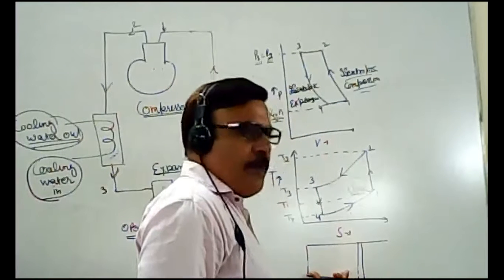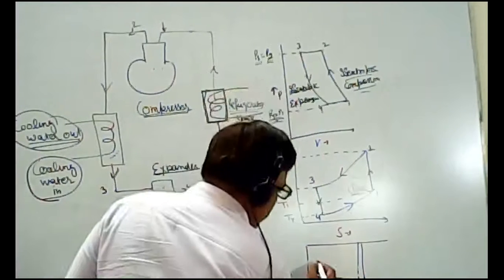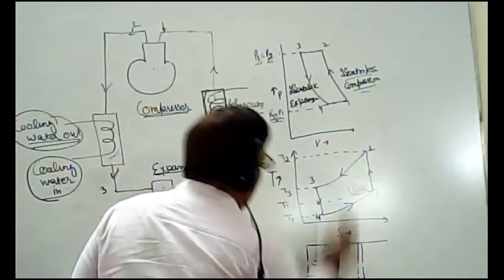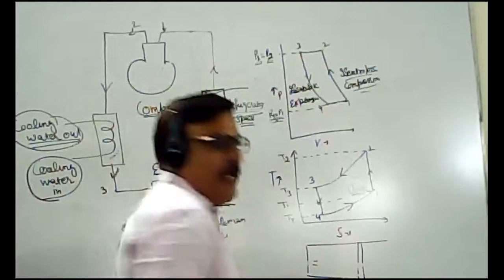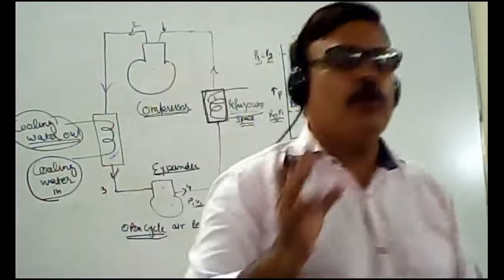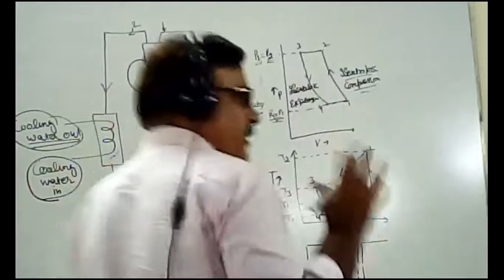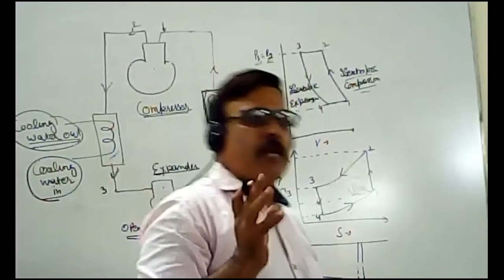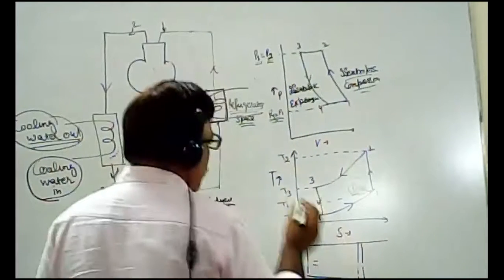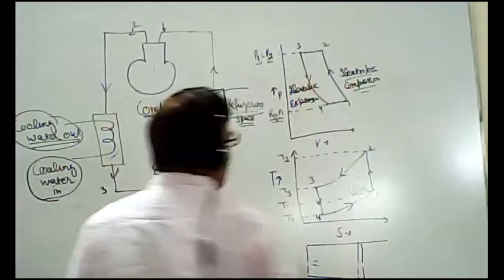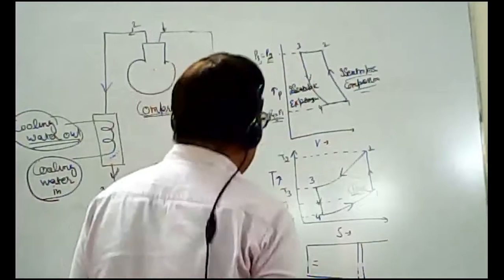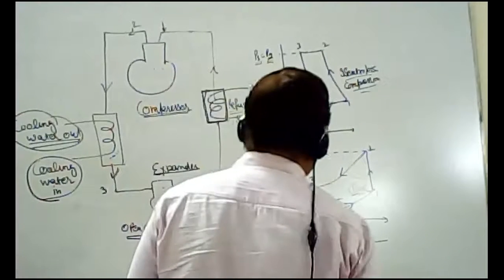When it compresses the charge, its specific volume is going to decrease. So during 1 to 2, the specific volume decreases, and its pressure and temperature both increase. And 2 to 3 is at constant pressure.